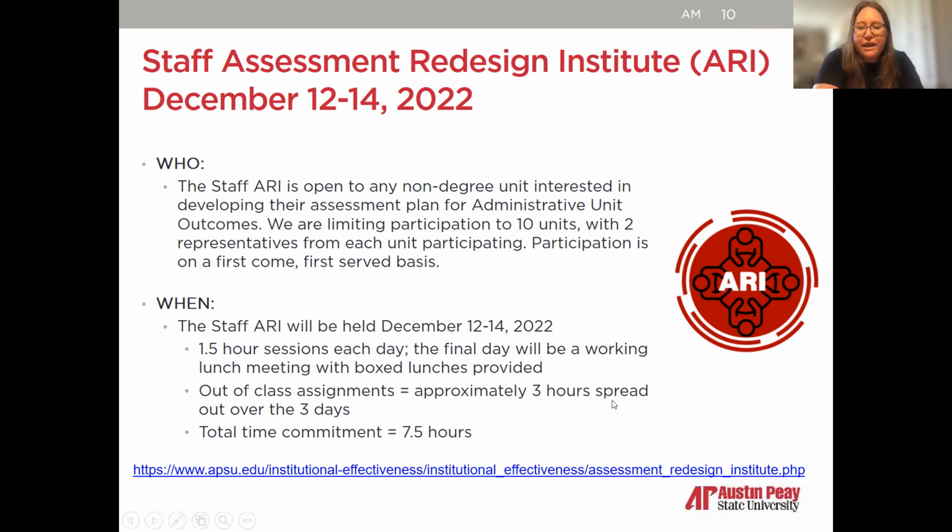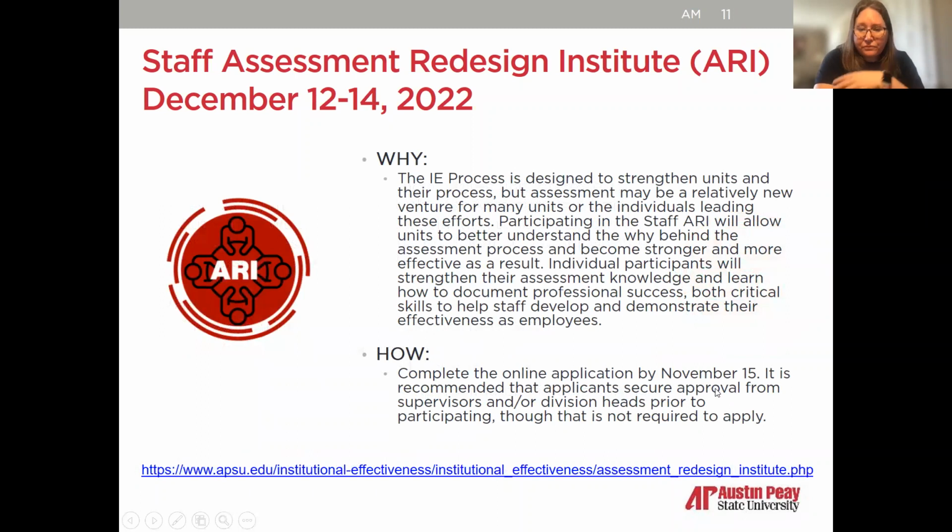But this would be really helpful for you to help to develop those outcomes and those measures, to help you understand the assessment process a little better. And we just think it'll be a really beneficial thing. We've already had several units apply for it. The deadline to apply is next Tuesday. So if you're interested, the link is there in the slides.